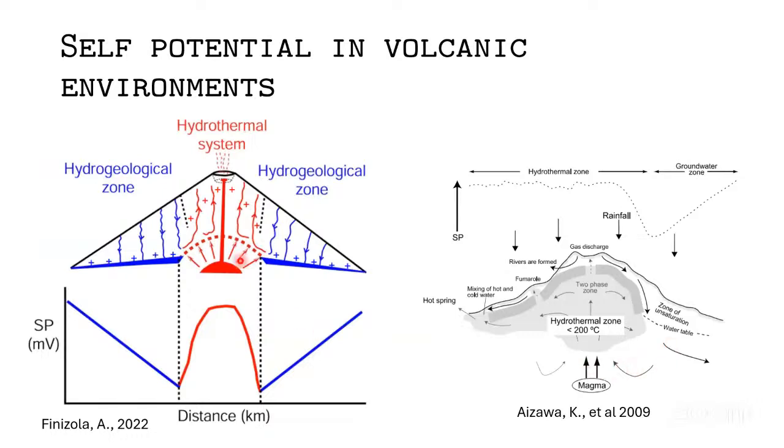As shown in the pictures, in the hydrological zone the potential descends with elevation, while in the hydrothermal systems the potential ascends.